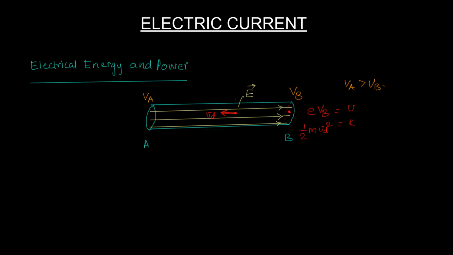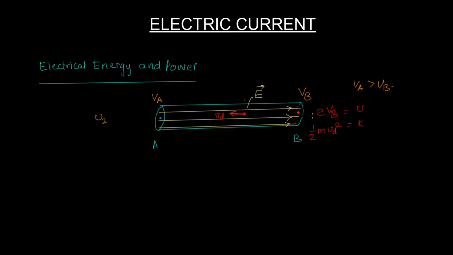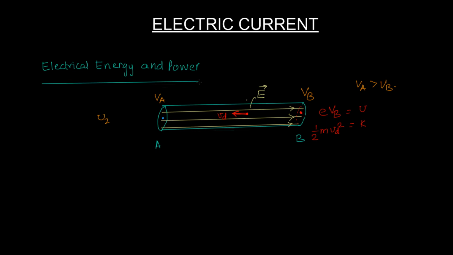Now let us come to this end. What happens at this end? When this electron moves all the way and reaches here, what is its potential energy? Let's call this U1 and K1.